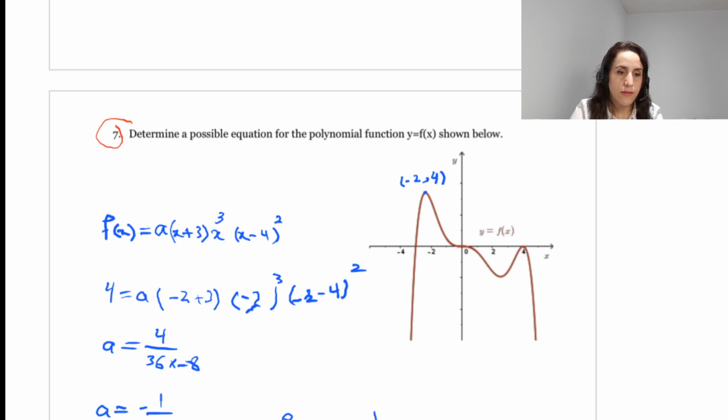First I'm gonna write down x by power of 3, then x plus 3, and x minus 4 by power of 2. It's gonna be the way that I would like to write down my final answer.